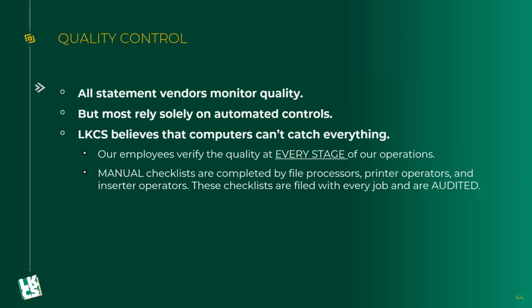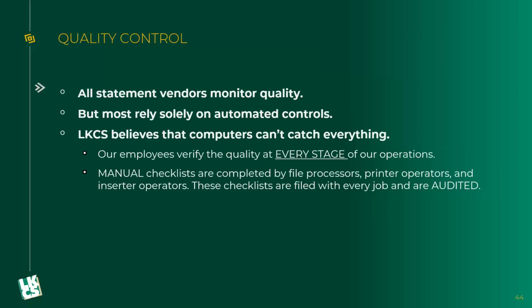All statement vendors monitor quality, but most of them rely solely on automated controls. And quite frankly, computers can't catch everything. So we go one step further. Our employees verify the quality at every stage of our statement operations. And we're verifying that manually.